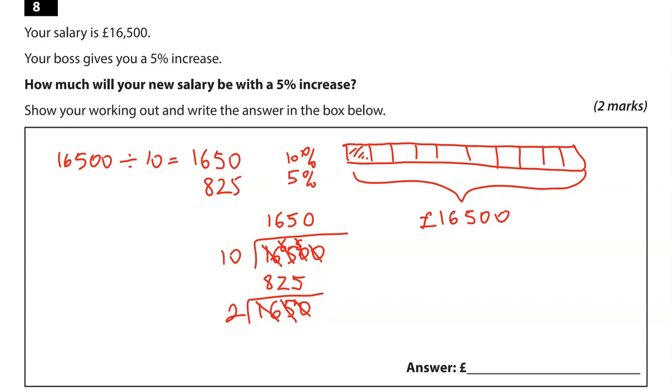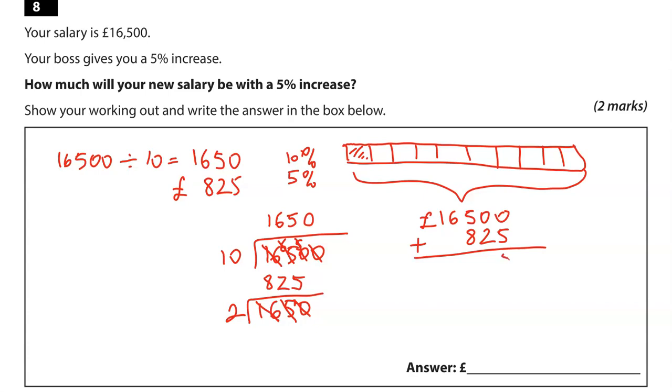So 825 is equal to 5% of £16,500. So the increase is £825. Question is, how much will your new salary be with a 5% increase? So 5% we've just worked out, adding that on top of the 16,500 should give us the new salary.